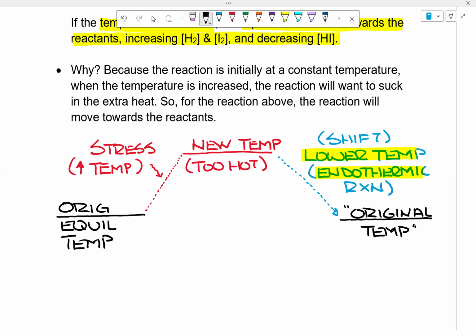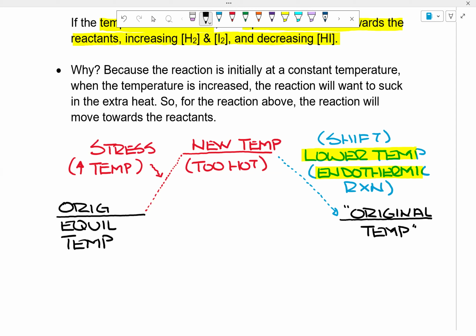So what happens is, when you increase the temperature, that's your stress. The temperature is too hot for the reaction, so the reaction wants to absorb extra energy to bring that temperature down. What type of reaction lowers the temperature?